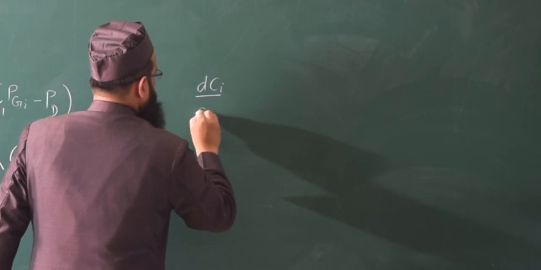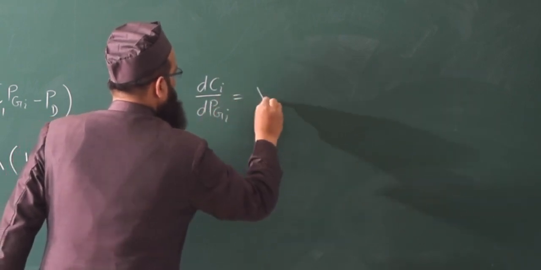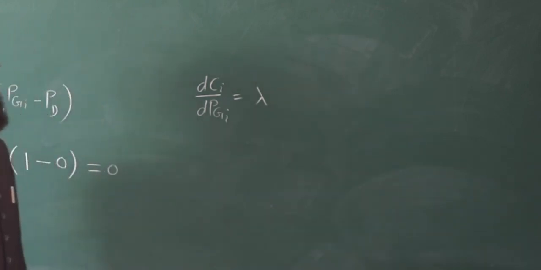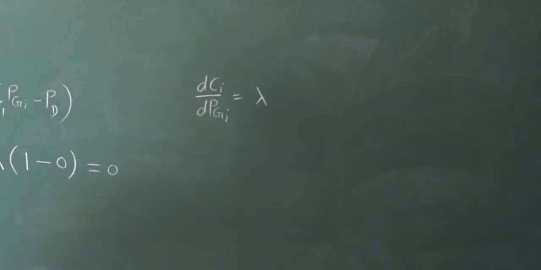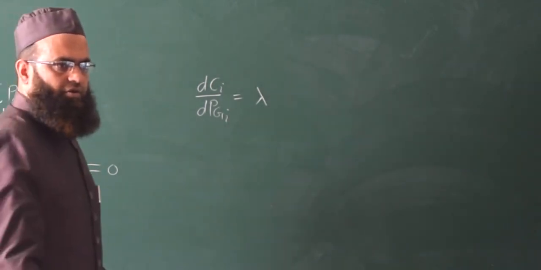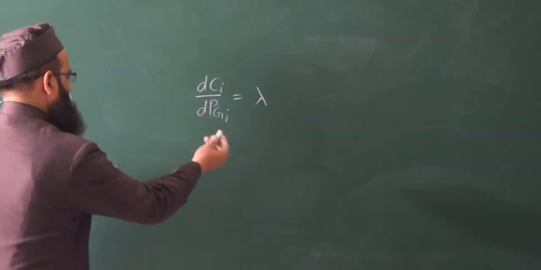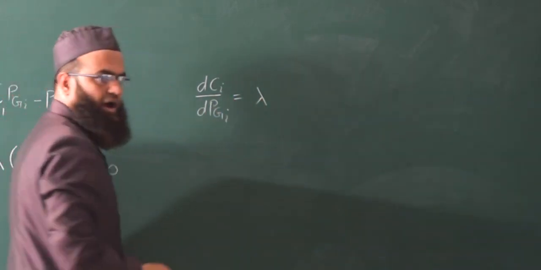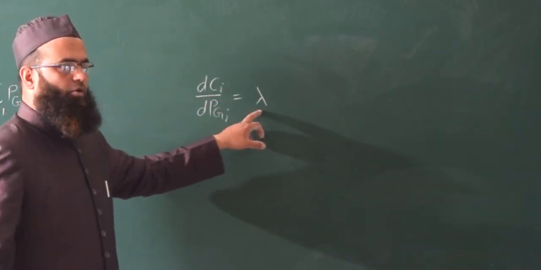So substitute this here and we can write dCi upon dPgi equal to lambda. What is dCi upon dPgi? Incremental fuel cost, that is IC. So we can write that is equal to lambda. So put i equal to 1, dC1 upon dPg1 equal to lambda, put i equal to 2.